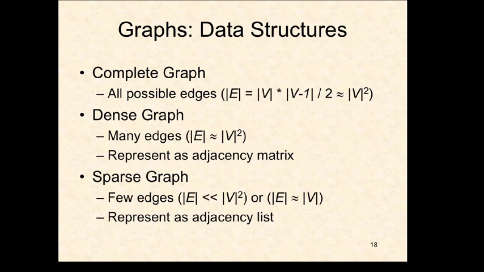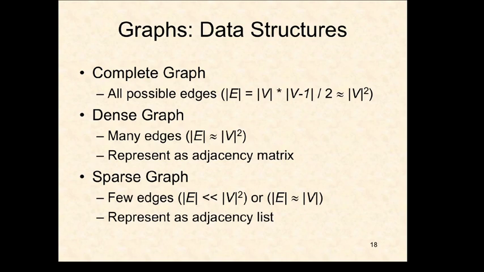So for instance, how many edges are there in a graph? Well, in a complete graph where all possible edges do exist, the number of edges is equal to V times V minus 1 divided by 2.